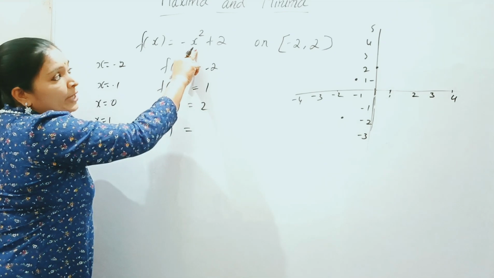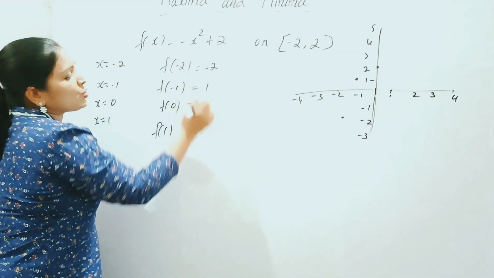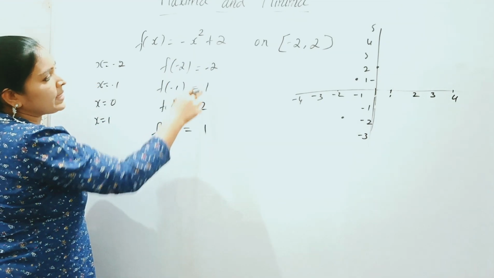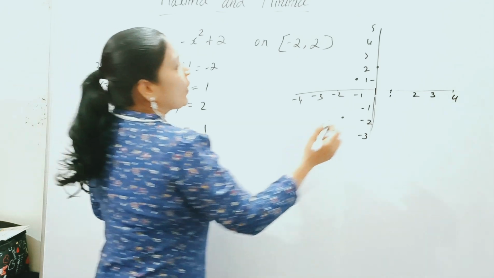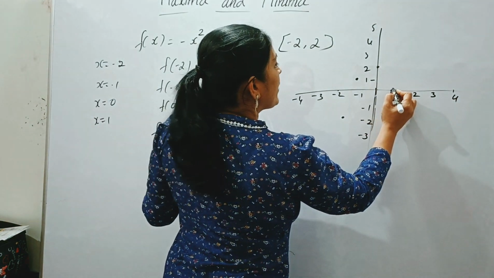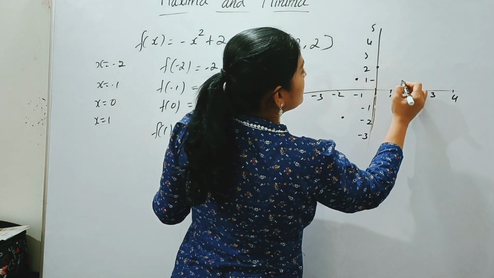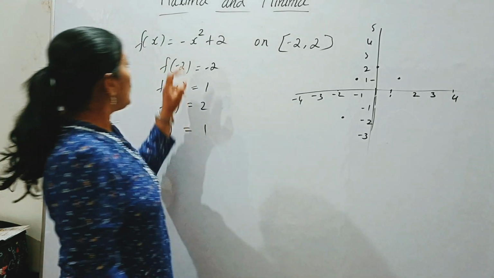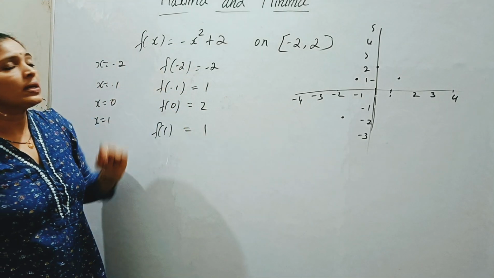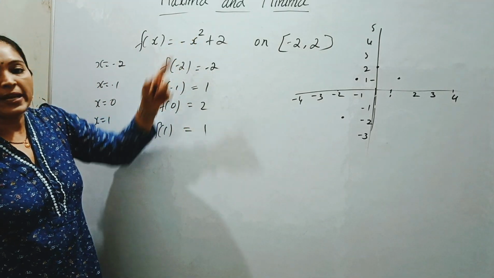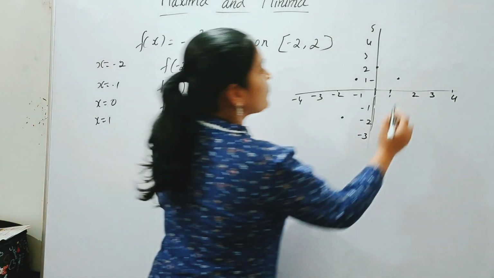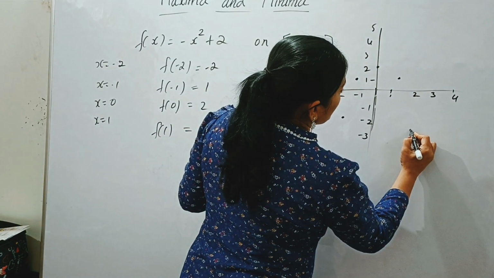Put x is equal to 1, so minus 1 plus 2, that is 1. That is equal to f of minus 1, right? So x is equal to 1, f of 1 is 1. When x is equal to 2, it is minus 4 plus 2, which is minus 2. So it will be the point.